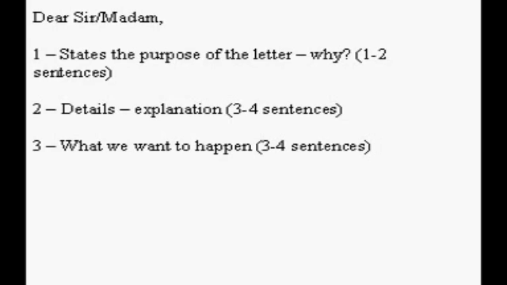And number 3 is what we want to happen. So basically, we want to request that the fine be withheld. And of course, like the question outlined for us, we want to do this in the most polite way that we can. We want to be friendly in this letter.